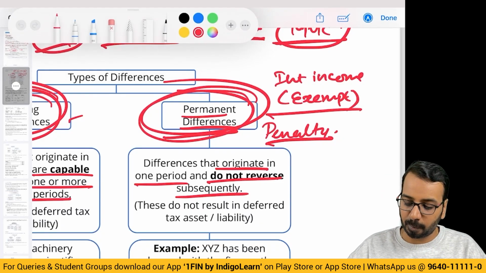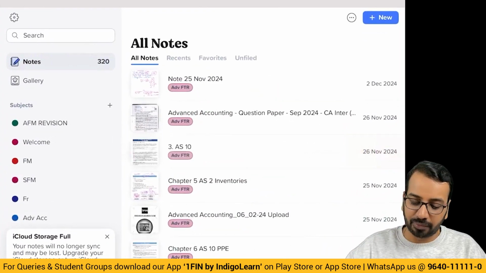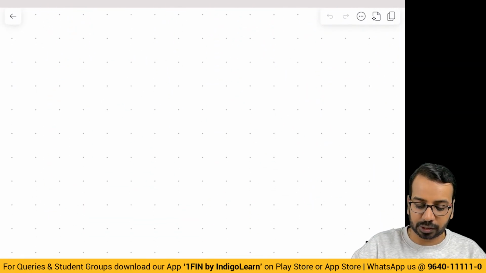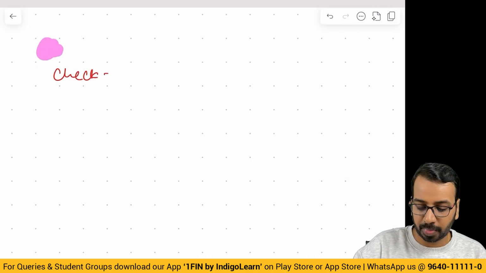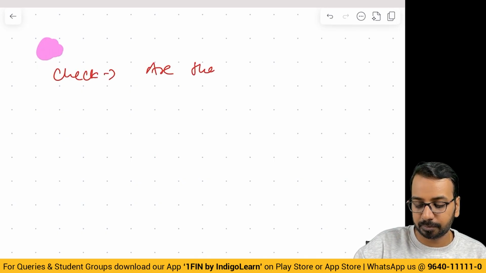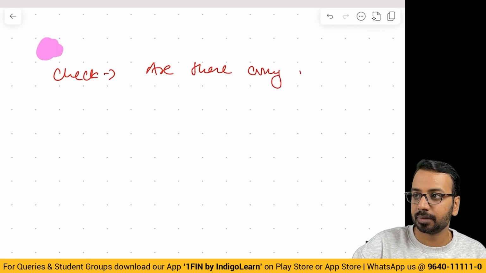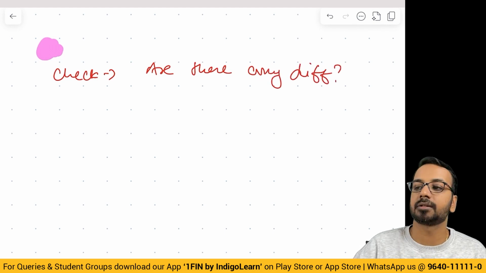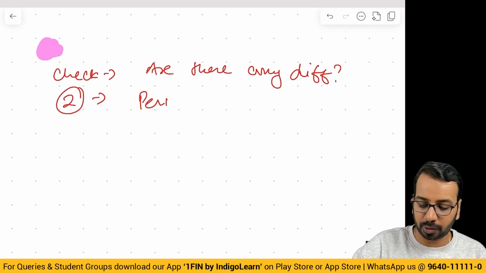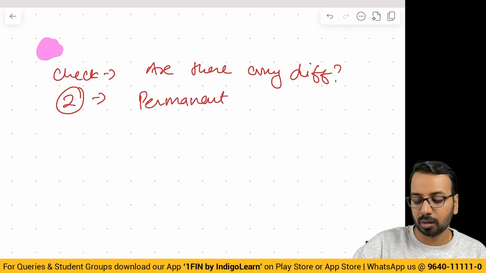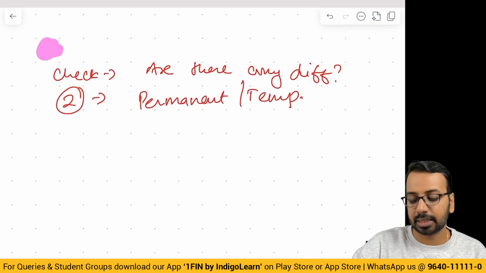So for us, what we need to understand is, whenever we handle an examination question, first we need to check: are there any differences? Then step 2 will be whether it is permanent or temporary.